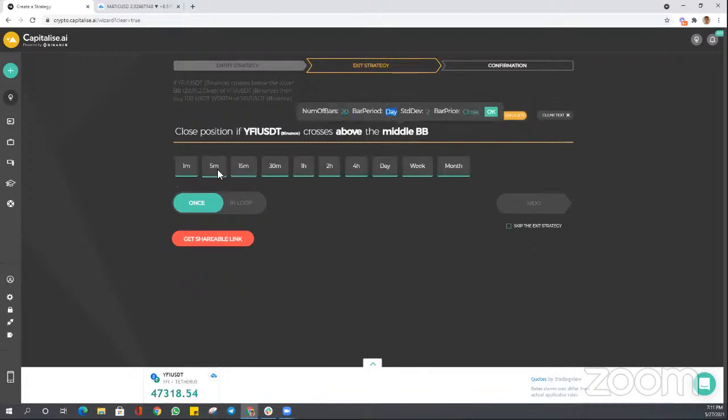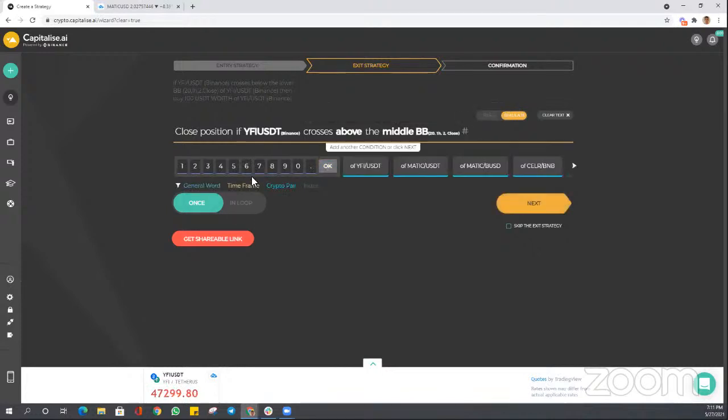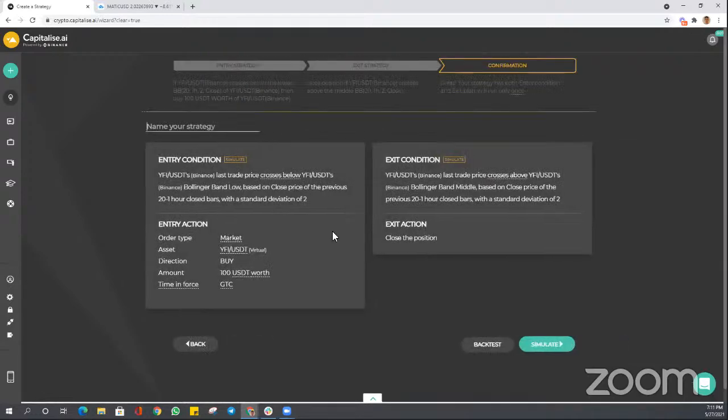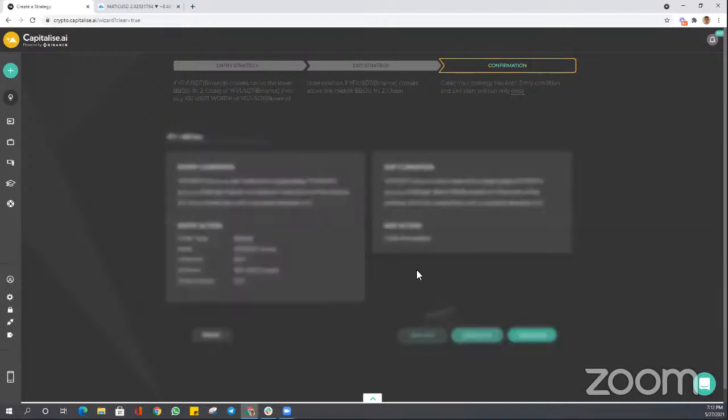And remember that anytime you select an indicator, you can change the parameters at the top. We're using the 1 hour Bollinger Band here, and we'll click next. And here on the confirmation page, I'll just name this YFI below BB low. And we're going to go ahead and simulate this so we can try get better results.